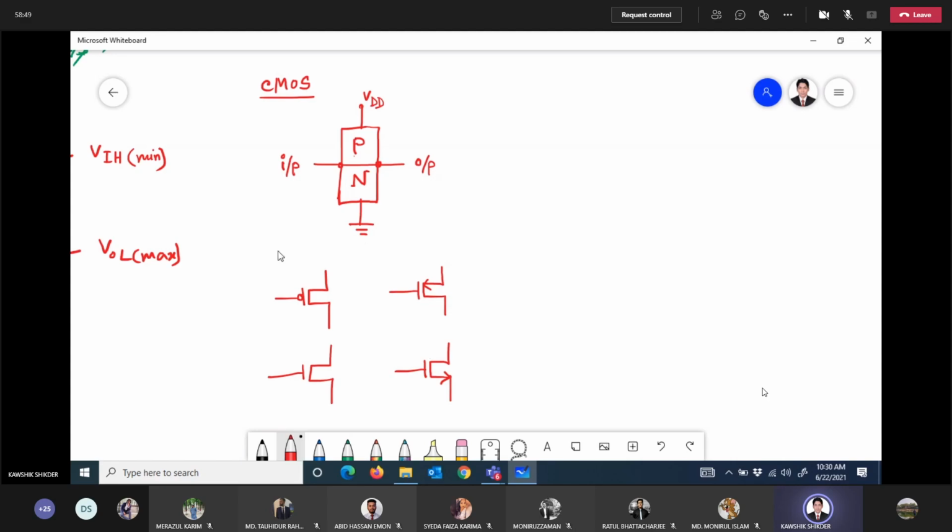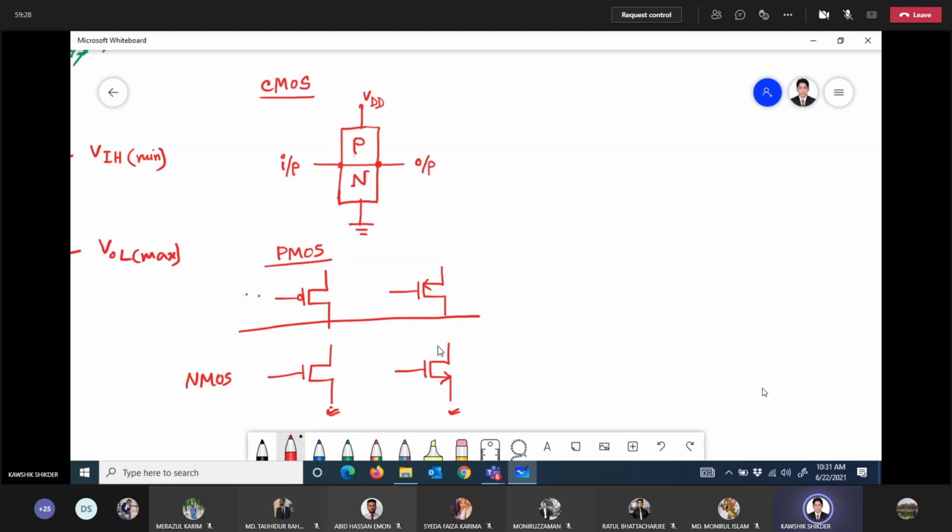No, sir. Okay. So these are the symbols for PMOS. This one is PMOS, this one also PMOS. That means the upper ones are both PMOS. And these are NMOS. This one is NMOS, this one also NMOS. Got it? Both are NMOS, the lower ones. The upper one is PMOS and the lower one is NMOS.